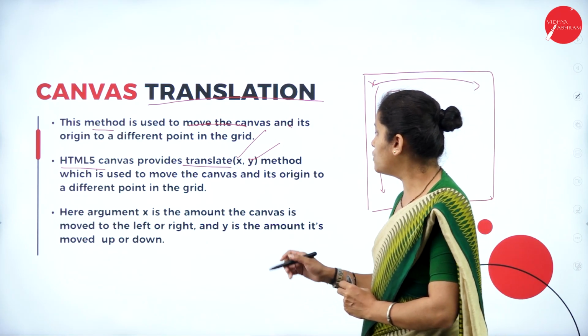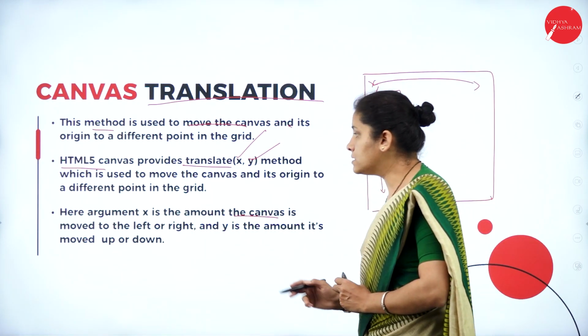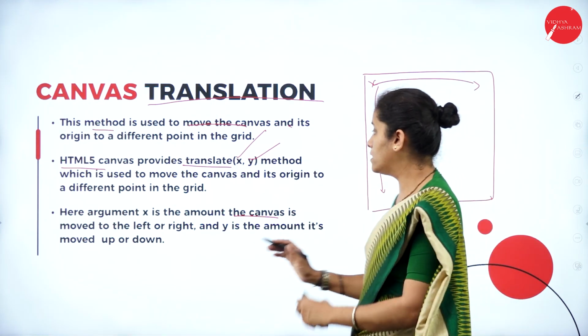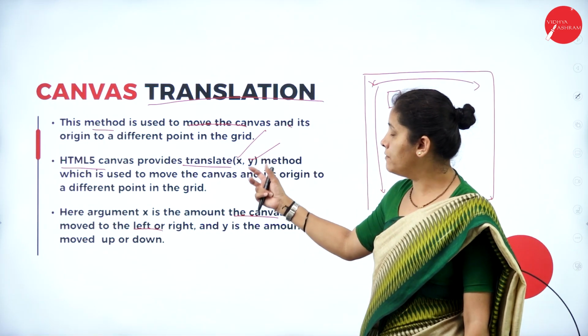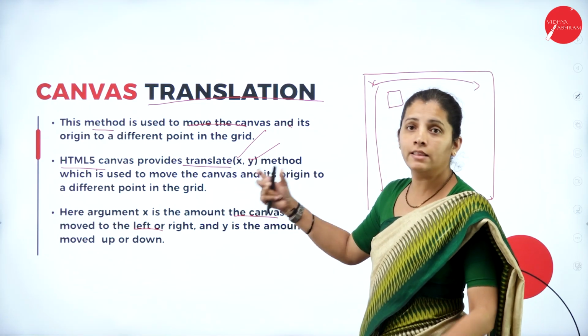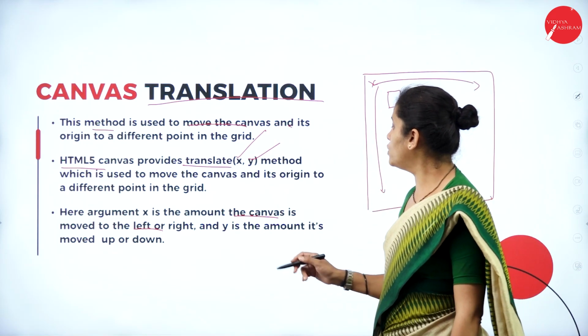X coordinate is the amount the canvas is moved from left to right. When I want to move the canvas from its original position, left to right, then I'll use x. Then what about y?